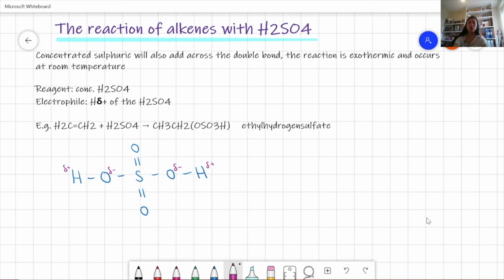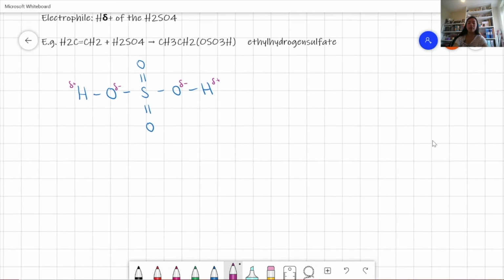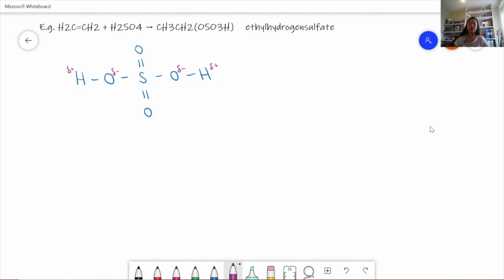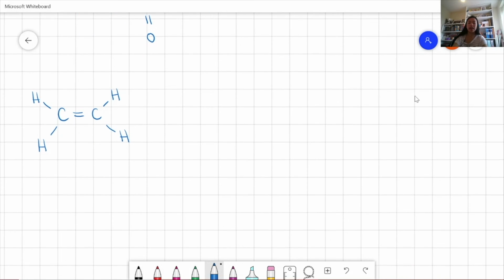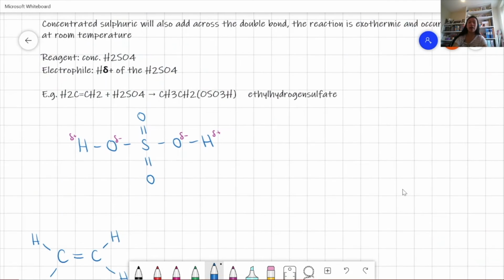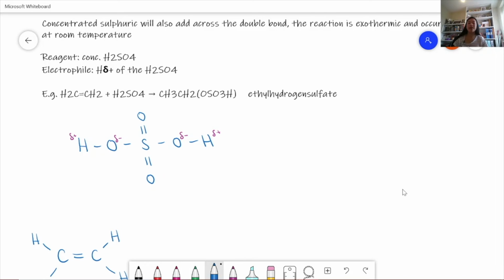Now I'm going to start drawing the mechanism of the reaction between ethene and sulphuric acid. We start off with ethene, C2H4. Then I draw the sulphuric acid, and we're forming this compound called ethyl hydrogen sulfate.